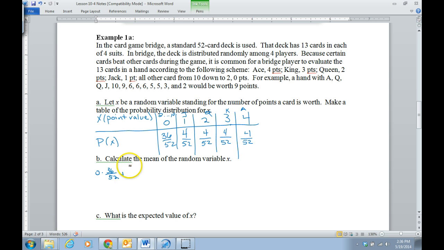And 1 times 4 out of 52, plus 2 times 4 out of 52, plus 3 times 4 out of 52, plus 4 times 4 out of 52. Now you can put this in your calculator and come up with a decimal. If you do that, you'll end up with about 0.769.